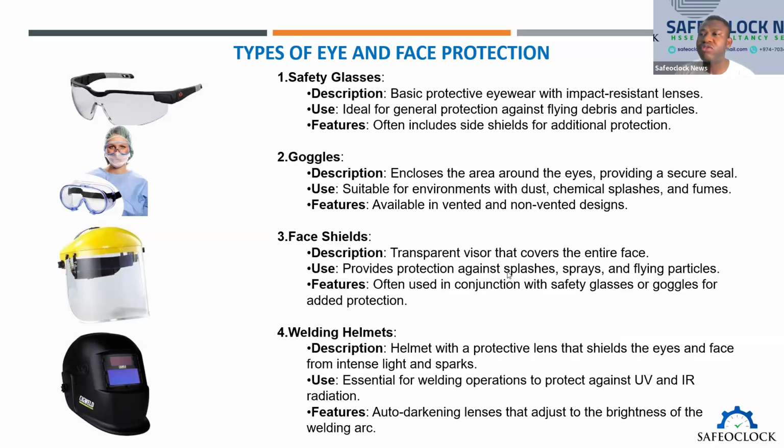So it's usually used for welding operations, and it has protection against UV and IR radiations. Most of these welding helmets have auto-darkening lenses that adjust to the brightness of the welding arc. So that is the welding helmet.